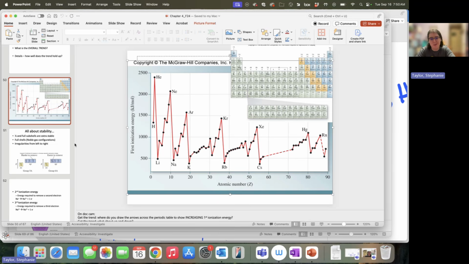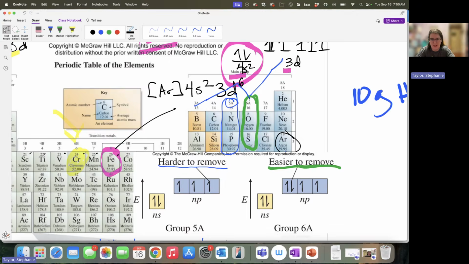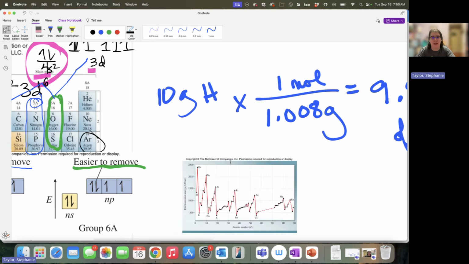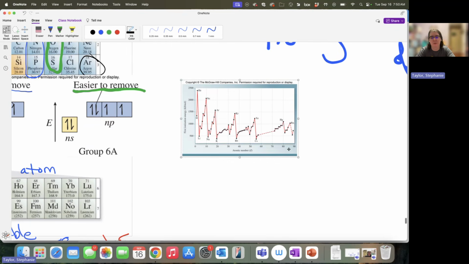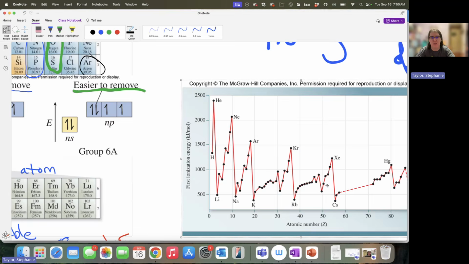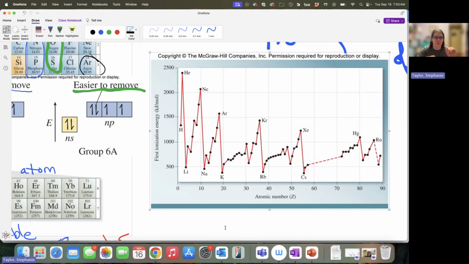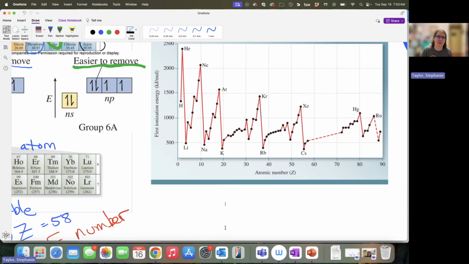Now you can see it shows up in other places, so it's not like that's the only place where it happens. But dealing with group 5A and 6A is where we typically talk about it, because it emphasizes the half-filled subshell, which is also something that we talked about when we did the exceptions to electron configuration.